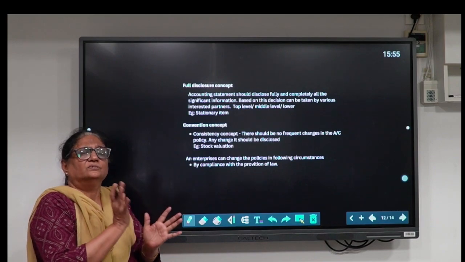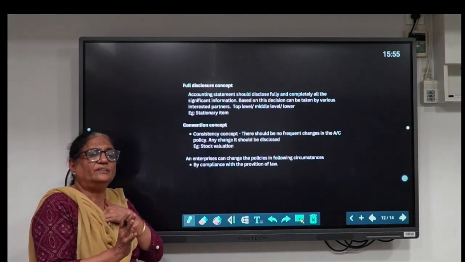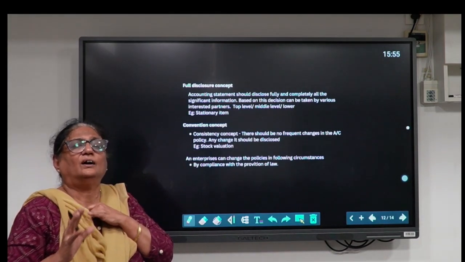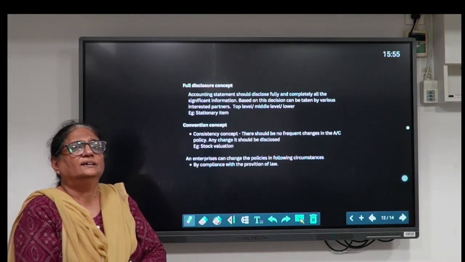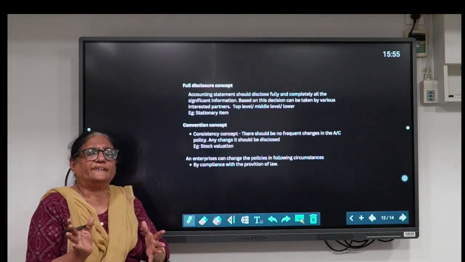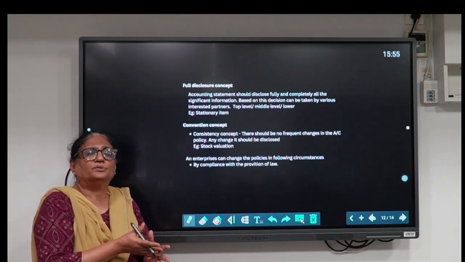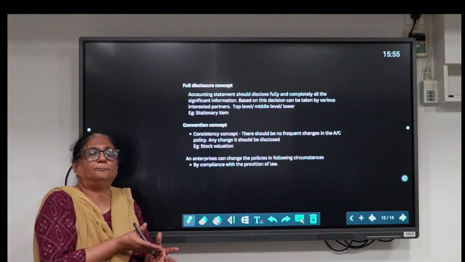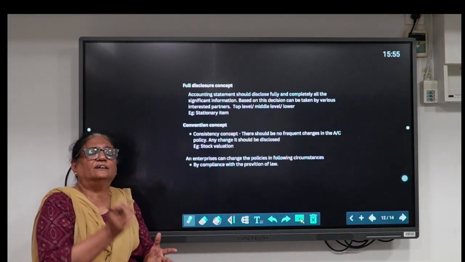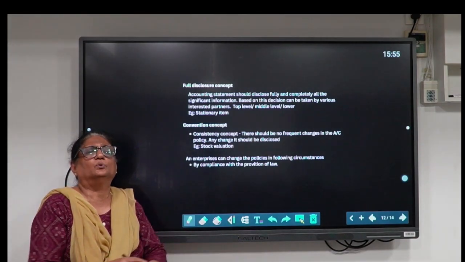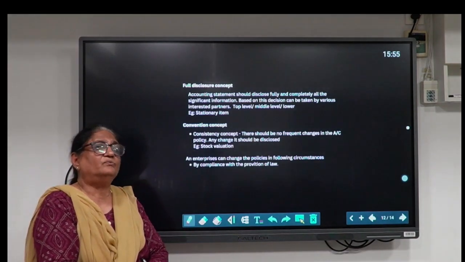Stationery means not only books; you have notebooks, pencils, pens, erasers, and other things, and for all that you give full disclosure. That is full disclosure.